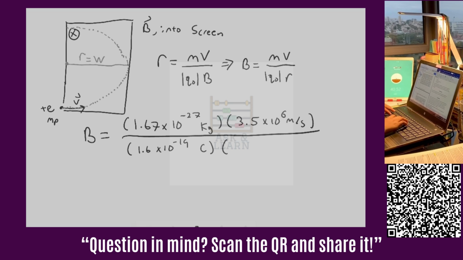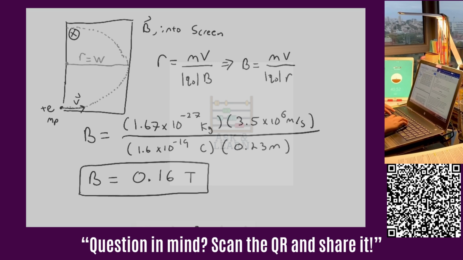And then we multiply this by the radius of the path, which must be also the width of this mass spectrometer, 0.23 meters. Plug all that into our calculator, and we get our answer that the magnetic field must be of magnitude 1.16 Teslas in order for this proton to just barely not hit the side of our mass spectrometer.